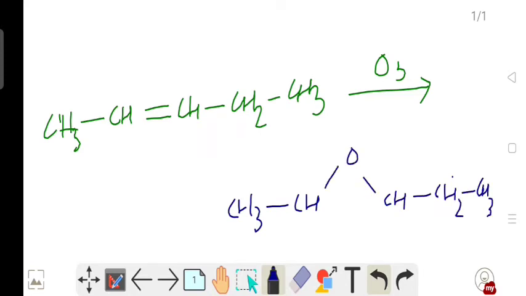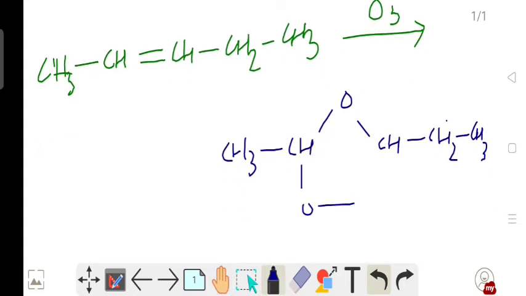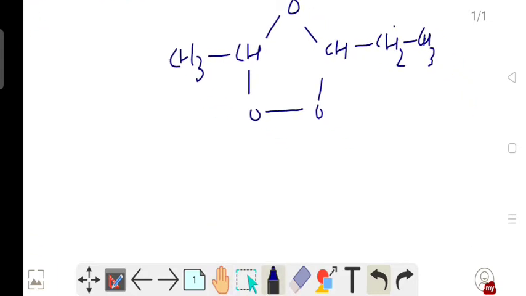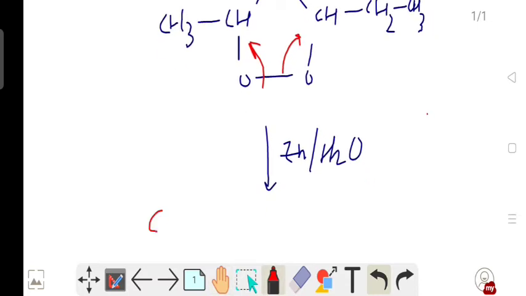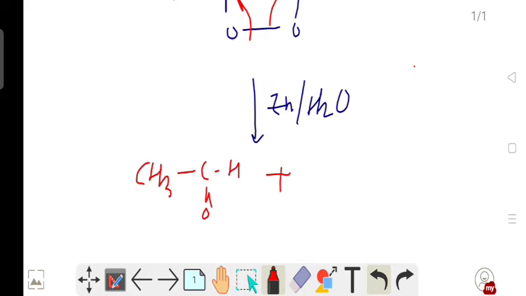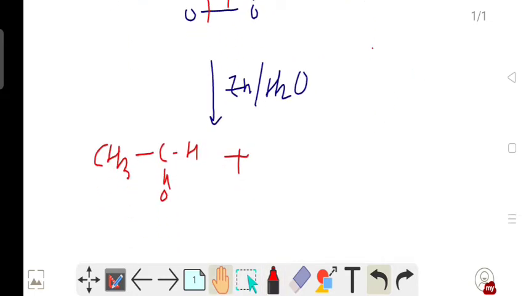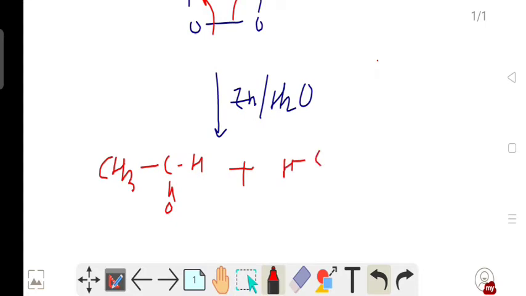And if you use zinc and water, then it will rearrange, and after rearrangement this bond will break, and it will form CH3-CH=O here, and another one is H-C=O with CH2 and CH3. So this is the final product.